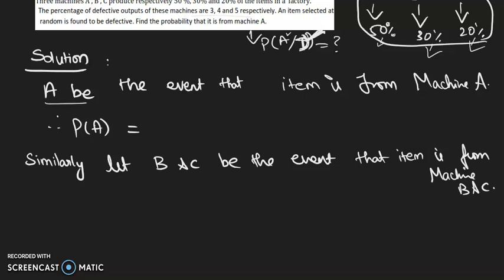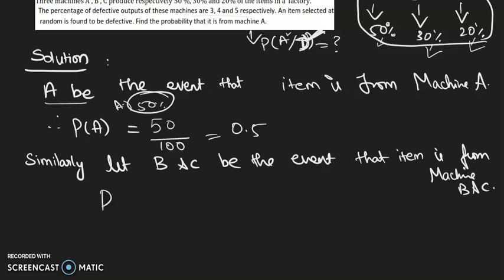Let A be the event that the item is from machine A. Machine A is producing 50% of the items, so P of A is 50 by 100, that is 0.5.